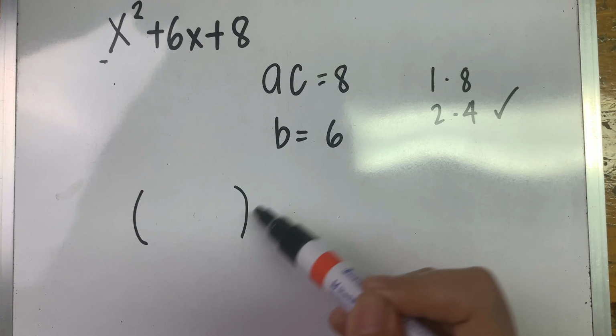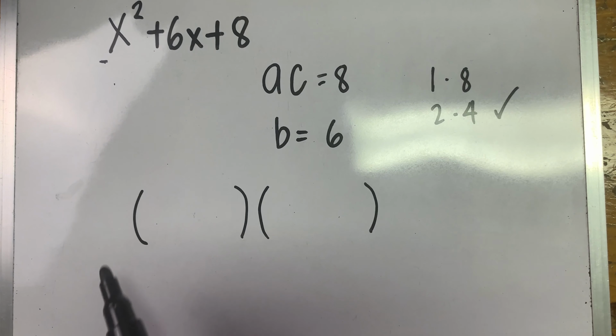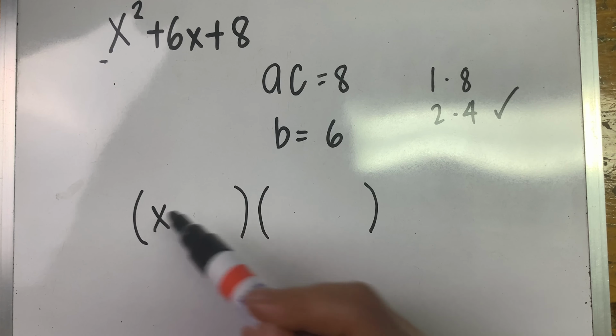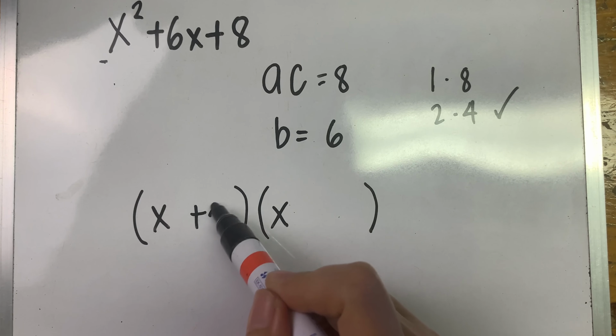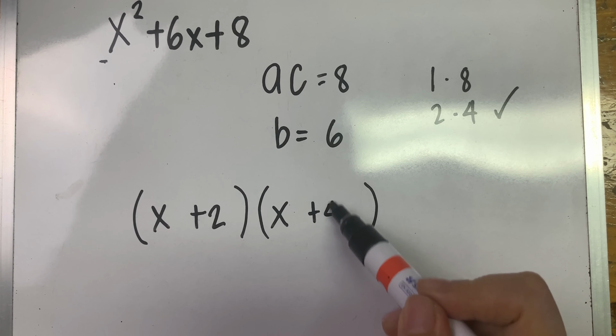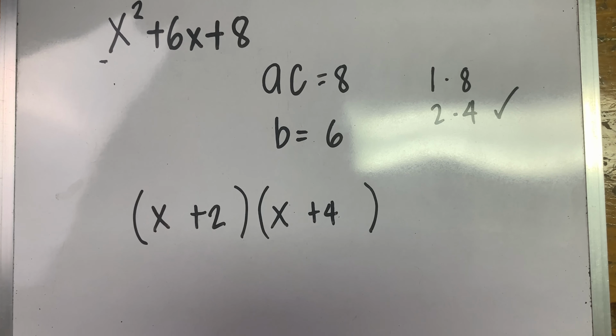Lagay tayo ng dalawang parenthesis dito. So, ang factors ng x squared is x tsaka x. At since 2 and 4, yung kailangan nating numbers, okay, we'll just add natin yung positive 2 and positive 4. This is our answer for the given quadratic equation.